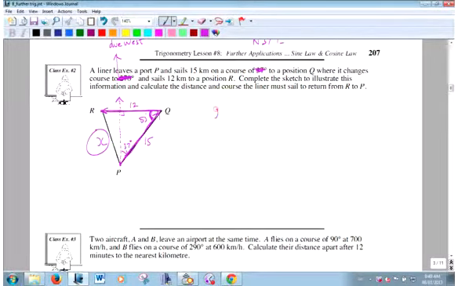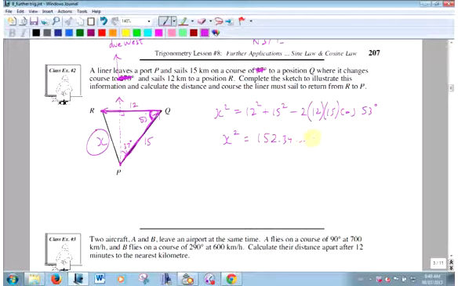Okay, so anyway, x squared is 12 squared plus 15 squared minus 2 times 12 times 15 times cosine of the angle in between. Do I need to do that in my calculator, or are we okay with this? Just remember to take the square root.